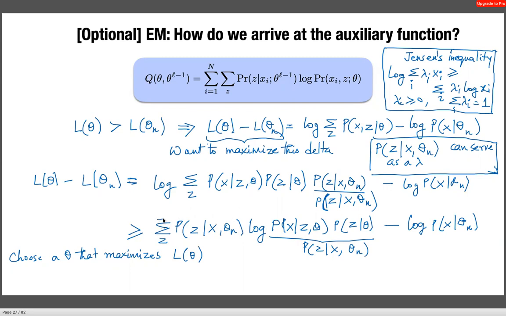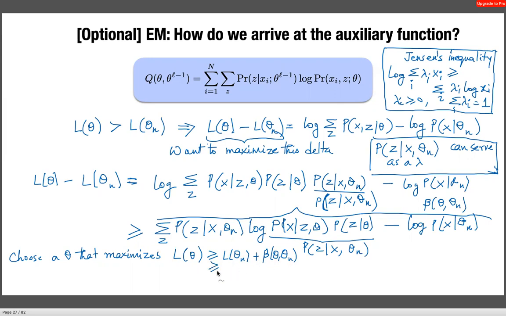So this large quantity, let me call it some, say, beta function of theta and theta n. Then L theta is greater than or equal to L theta n plus beta, which is a function of theta and theta n, right? And this summation, let me call it q. This is the auxiliary function, q of theta, theta n.